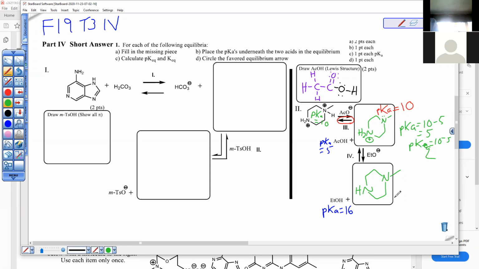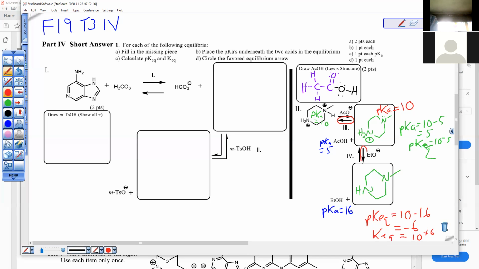And we're going to do a pKeq question down here. This one's a favorable direction. 10 minus 16 equals negative 6. 10 to the positive 6.